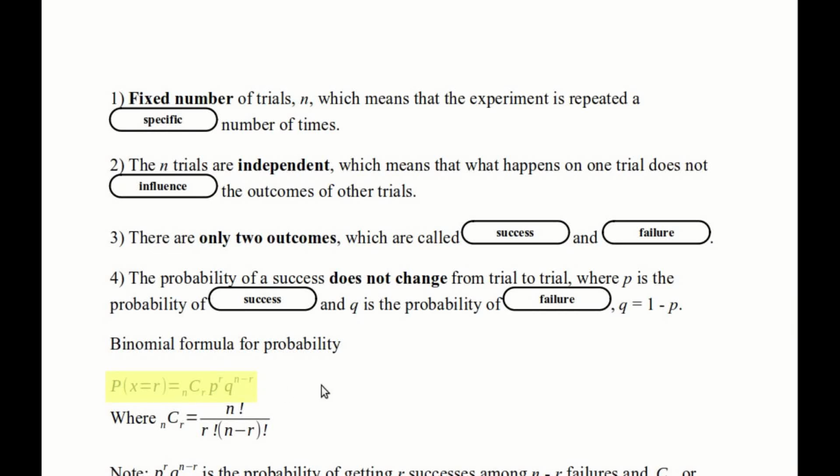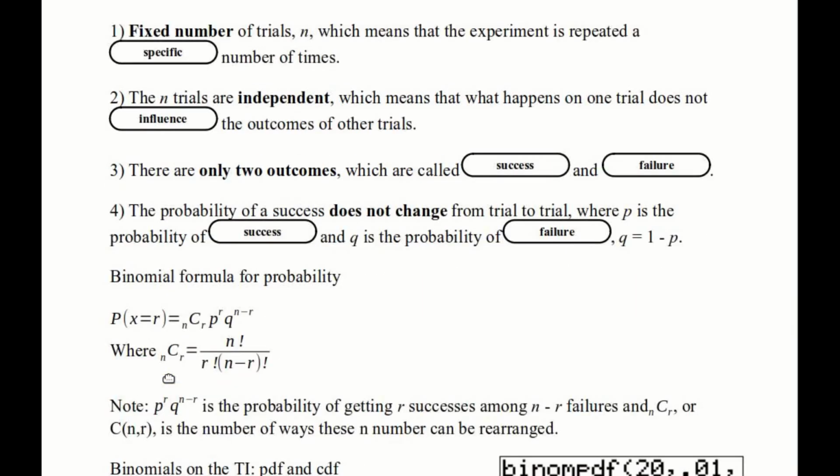N minus R is all the other trials. And then there's a reminder of the formula for combinations, n factorial over r factorial times n minus r factorial. Now the r factorial in the denominator simply ensures that order doesn't matter. Remember that C for combination is the same as C for a committee, where order does not matter.